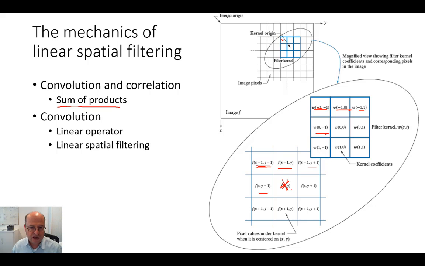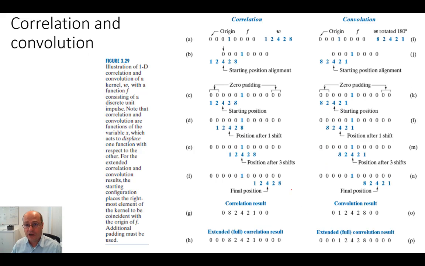That's what convolution and correlation basically are. Okay, so there is a difference. How do I differentiate a correlation from a convolution?